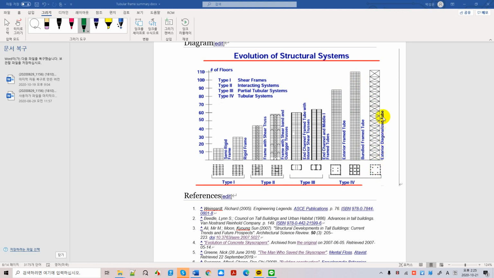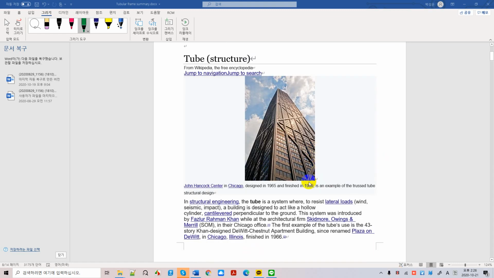And this is also an exterior diagonalized tube. You have a tube but with a mega diagonal truss at the exterior face, something like this. This is a mega truss that is installed. The exterior face of the tubular structure can bring your building very high, up until over 100 stories.